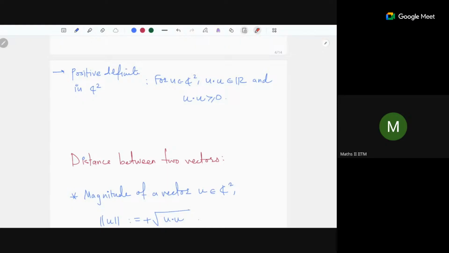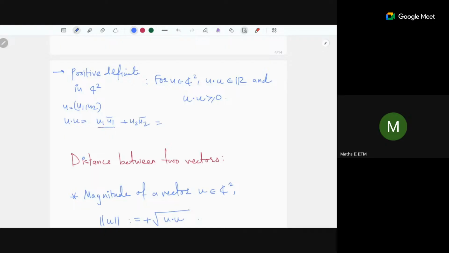So let's see an example, the general case itself. Let's say you have u equal to (u1, u2), and you are doing the inner product of u with itself. So what will you get? You will get u1 bar u1 plus u2 bar u2.